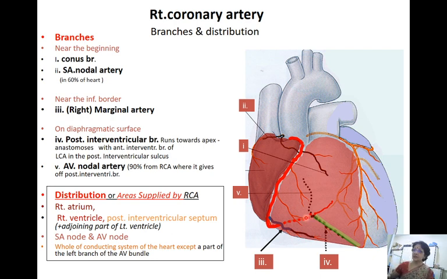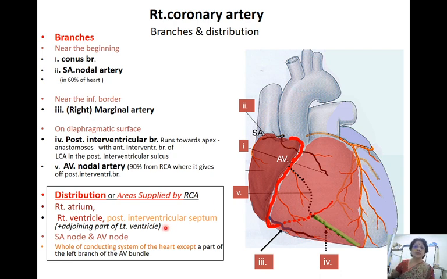Plus the SA node and the AV node. Both of these, so these are the areas of supply or territories. The whole of the conducting system, except a part of the left branch of the atrioventricular bundle, is supplied by it.